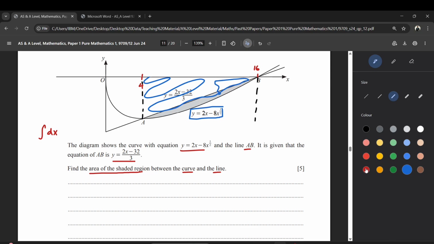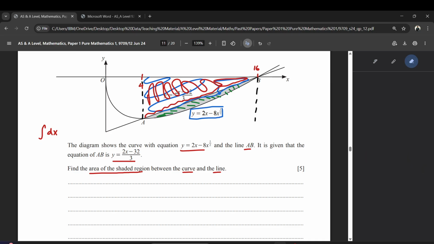And when I integrate the second equation, I'm going to get everything which is below this. So when I find both of their areas and subtract them, that would give me this required area. Get the idea? So that's how you have to first look at the bigger picture before you start your working.